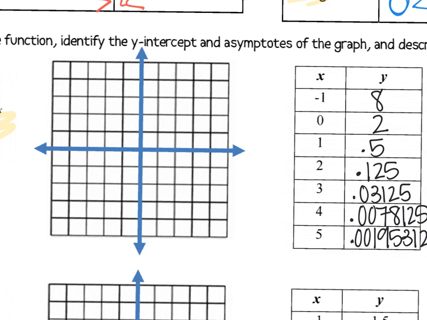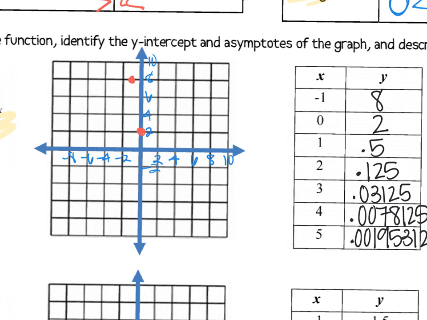So we'll say this is 2, 4, 6, 8, 10, -2, -4. Now, I'm going to do -1, 8. So over -1, up 8 is the first dot. 0, 2 is the second point.